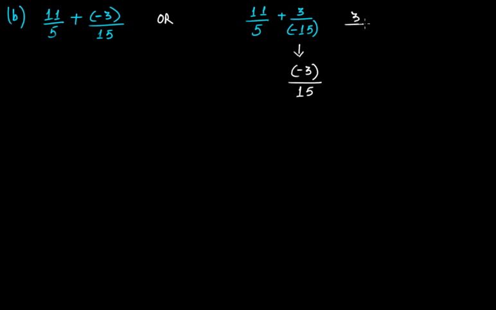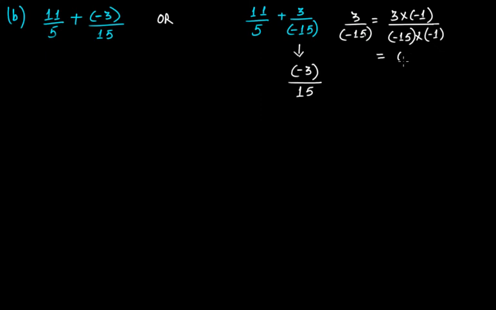This is 3 over minus 15. We don't want a negative sign in the denominator. So simply find the equivalent rational number such that this negative sign gets removed from here. So multiply this 3 with minus 1 and this minus 15 with minus 1. We have discussed all these things earlier also in our previous videos.